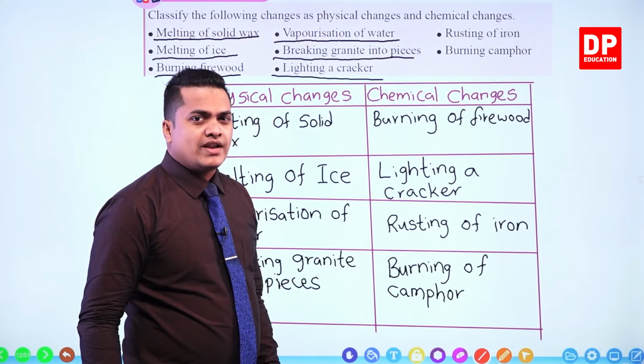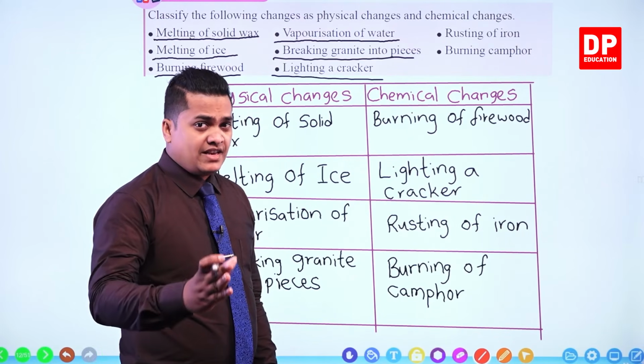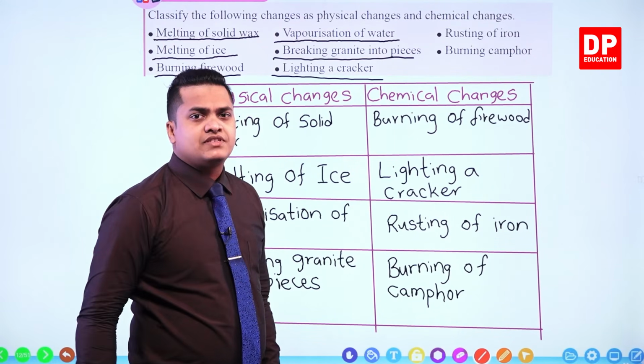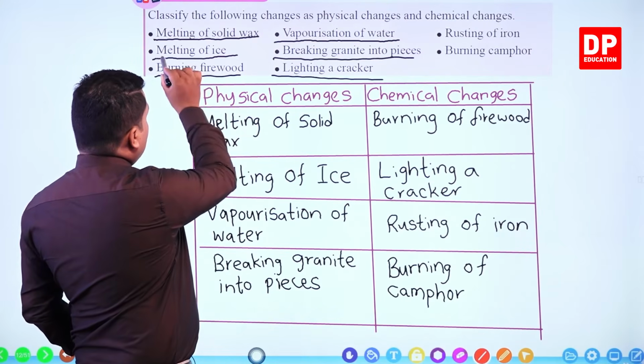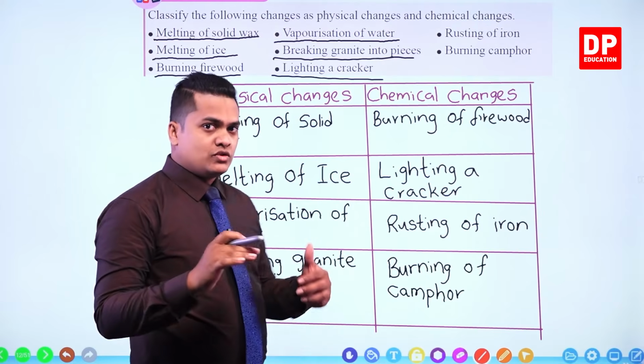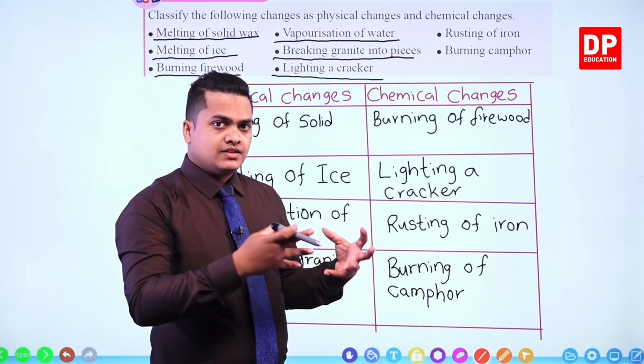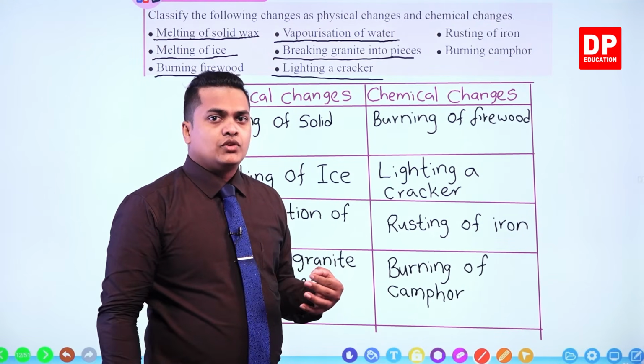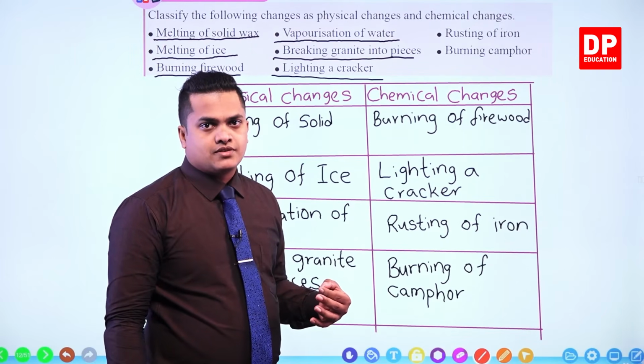So it's easy to identify physical changes. If it has a state change, definitely it is a physical change. Melting, vaporization, those sorts of things where the state is going to change, are physical changes.